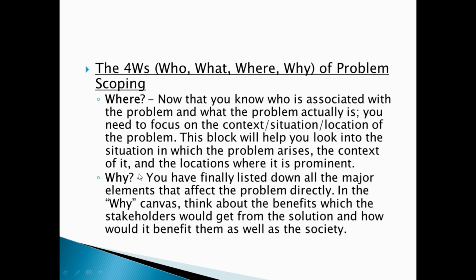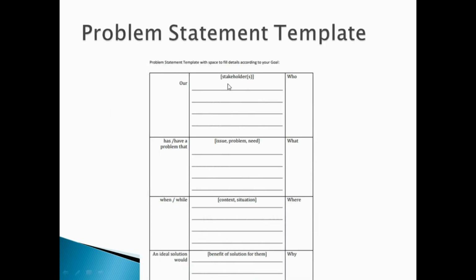And the last one is why, which basically indicates what are the benefits of solving the problem. So if I solve why, what are the benefits that the stakeholders will get from the solution. Now all these 4Ws canvas can be included in a paragraph format and that is known as a problem statement template.